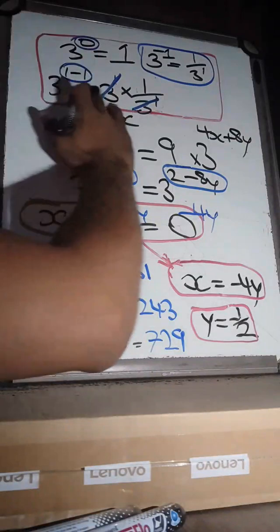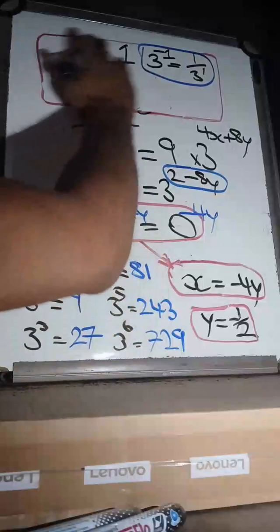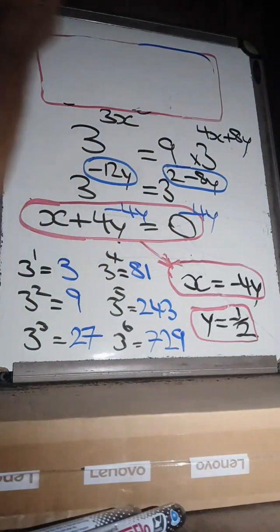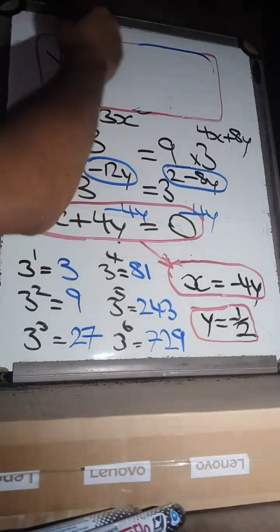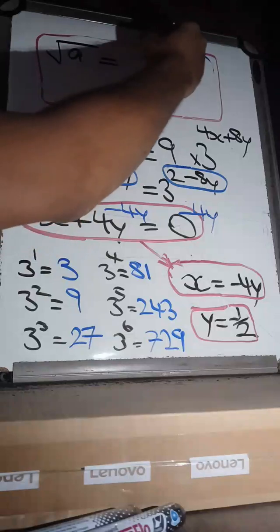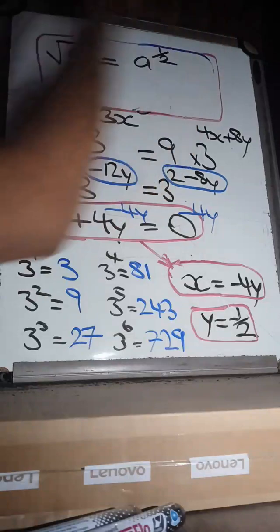Now there are other important indices rules. Another one is the ones related to what we do in changing the subject of the formula. So to put a long story short, the square root of a is the same as a raised to 1 over 2.